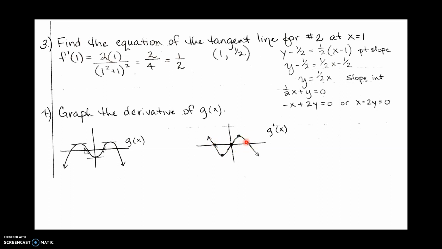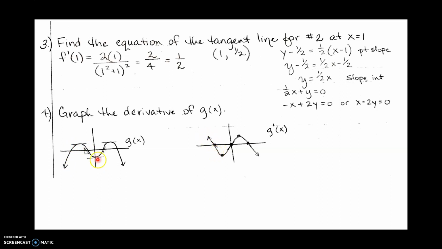All right, then we're looking for where the original function is increasing, the derivative is positive, and where the original function is decreasing, the derivative is negative. So we know that we have an x-intercept here, and we know that it changed from increasing to decreasing. So that means it's going to change from positive to negative.